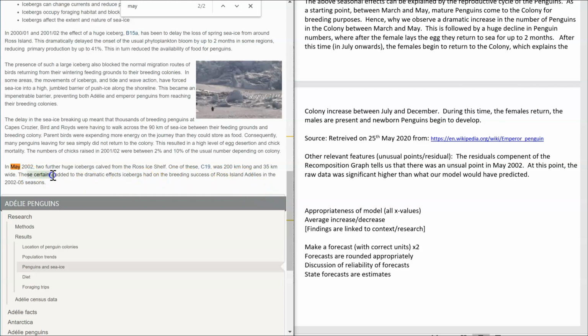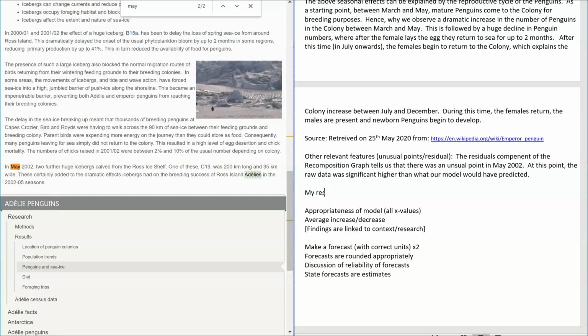It certainly added to the dramatic effects. I was shocked, but I actually found a reason. Two huge icebergs assisted the breeding of Adelie penguins, and that caused higher than usual numbers in that area. That's very interesting. I wouldn't have guessed that in a million worlds.